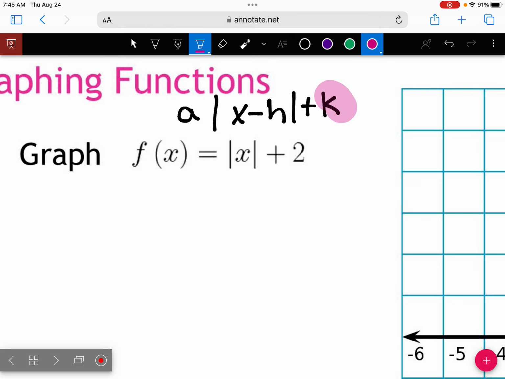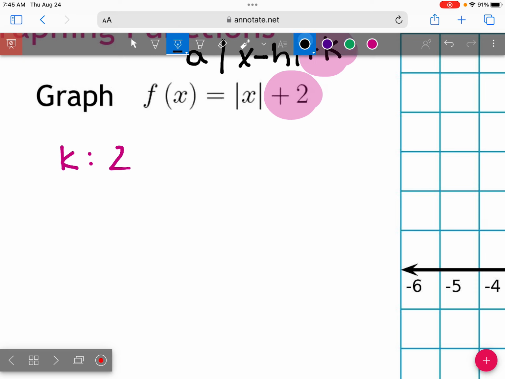Just a K. Just what's added on the end over here. So what is our K value? 2. What is our H value? 0. So a K of 2 means it's going to move how? Up 2.